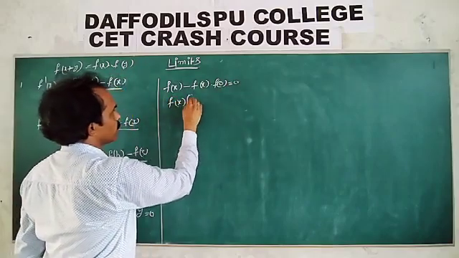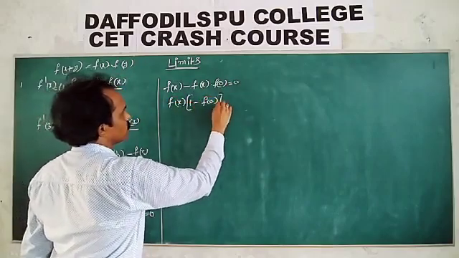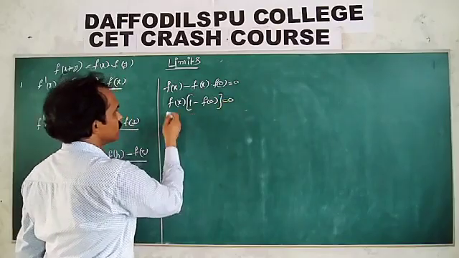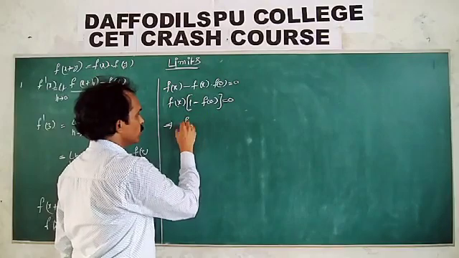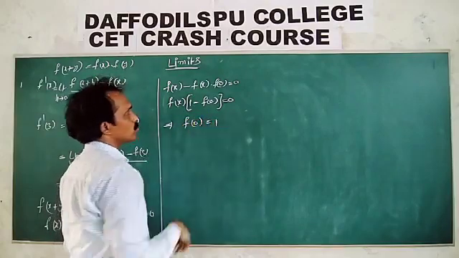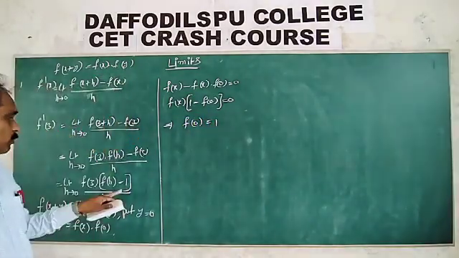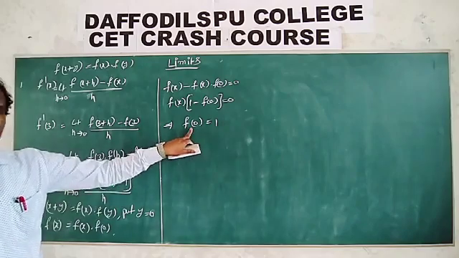Take f of x common: f of x into 1 minus f of 0 is equal to 0. From this, f of x is equal to 0 or 1 minus f of 0 is equal to 0. Therefore, f of 0 is equal to 1.